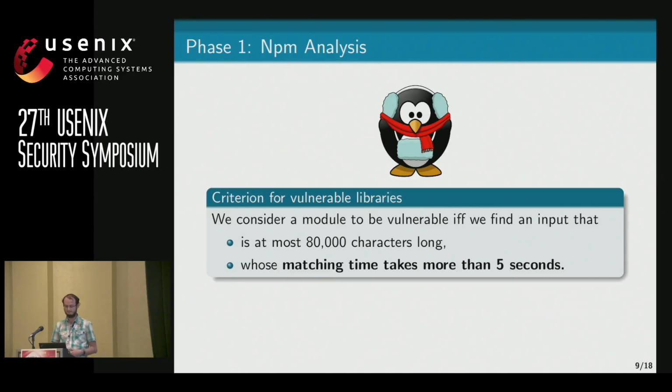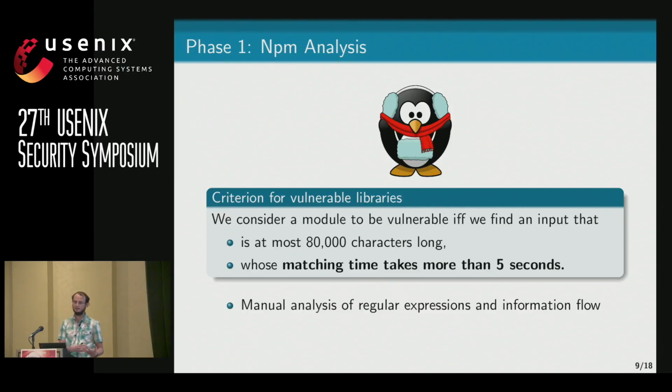We manually looked for regular expression patterns that are known to be vulnerable to ReDoS, and for the information flow that confirms that there is a path from the API of the module to the ReDoS sink. And we manually crafted exploits and measured the execution time, so the matching of the regular expression.